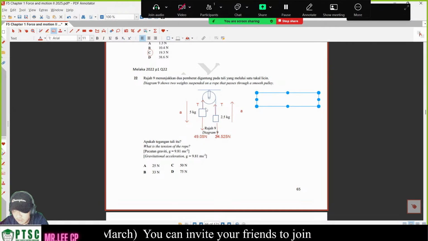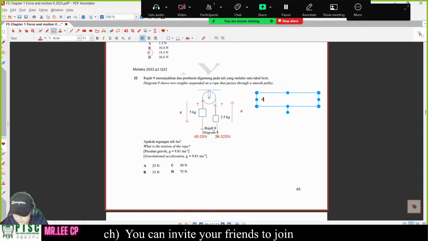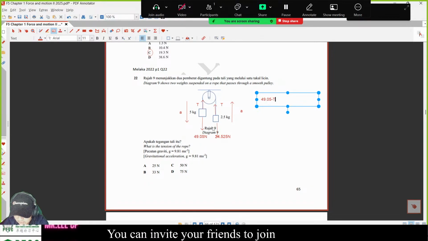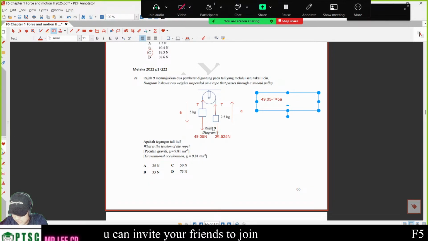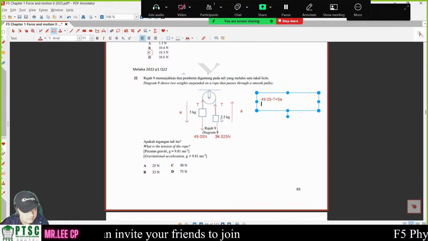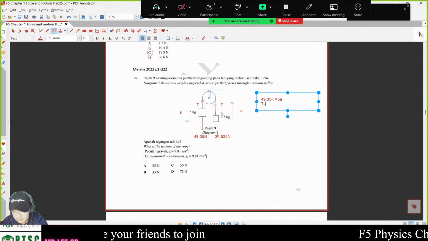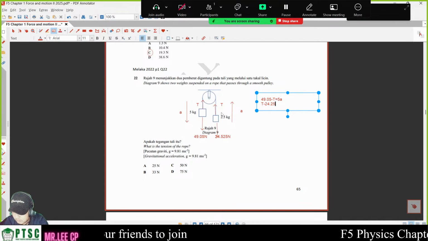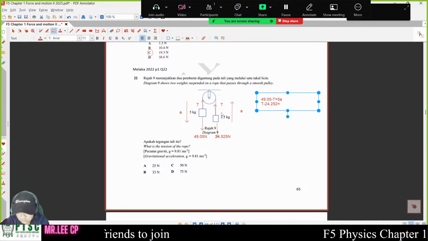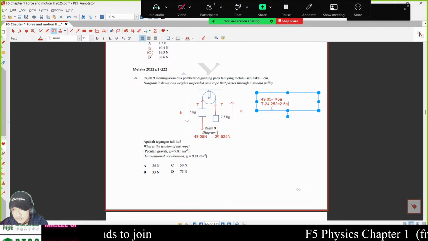The first equation is going down: 49.05 minus T is equal to 5A. I got the first equation. The second equation is going upward: T minus 24.525 is equal to 2.5A. So we solve them.